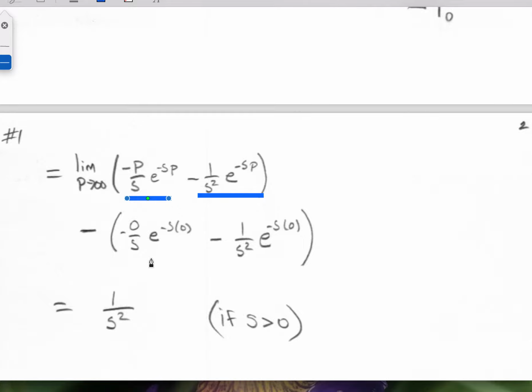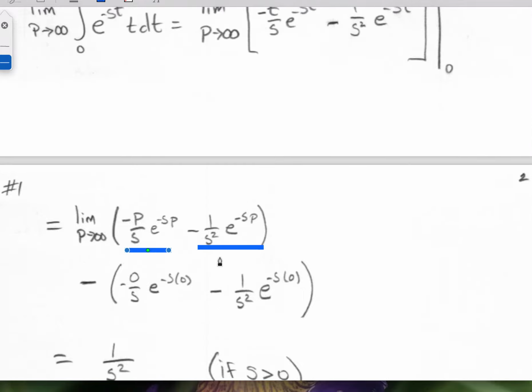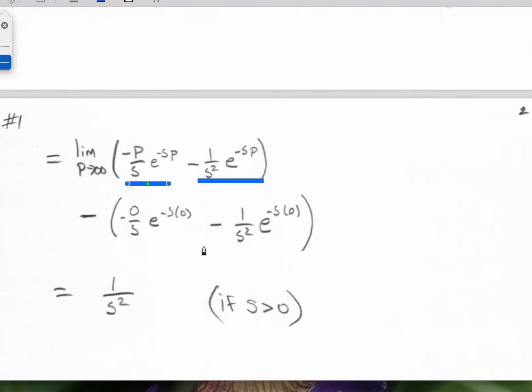And then from the second part, the fundamental theorem of calculus, when I subtract and put in this 0 here, I have 0 over s times 1, so all of this is 0. And I have 1 over s squared times 1. So I have minus, and minus makes positive, and I'm left with 1 over s squared. And all of that's true if s is bigger than 0.